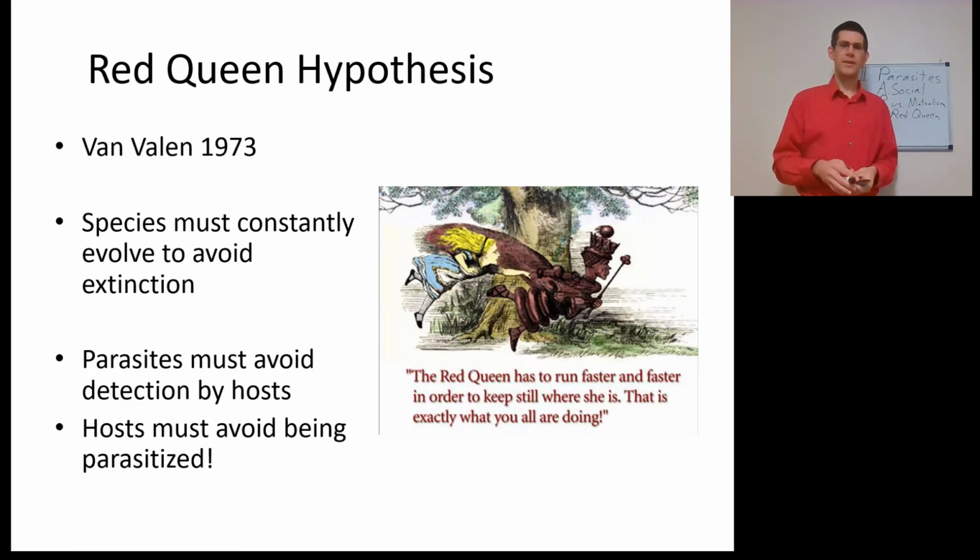The host, on the other hand, must avoid parasitism. If the host has alleles that allow it to be parasitized, it'll lose fitness as well. So there's lost fitness for parasites that get detected and for hosts that fail to detect. So both of them have increased fitness for avoiding detection and for detecting the parasite.